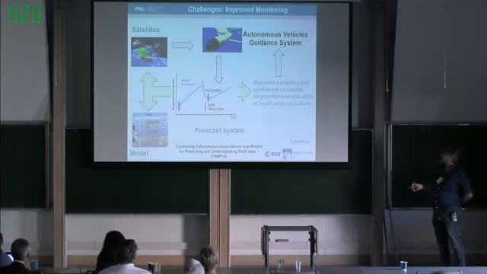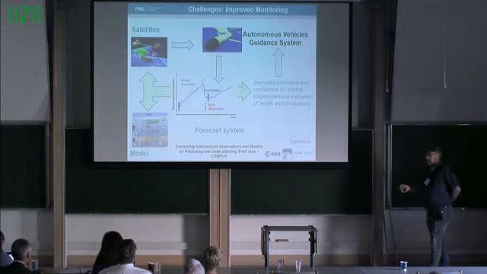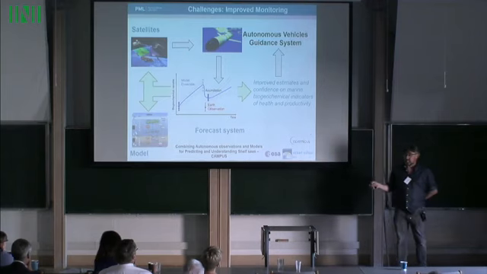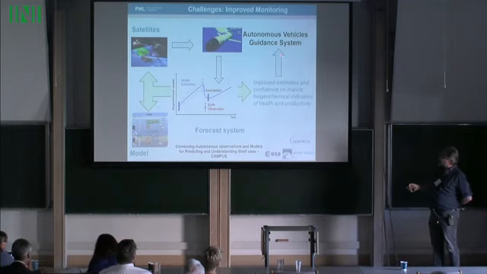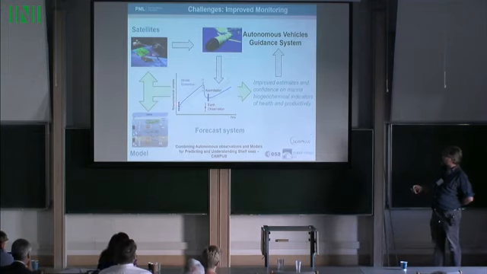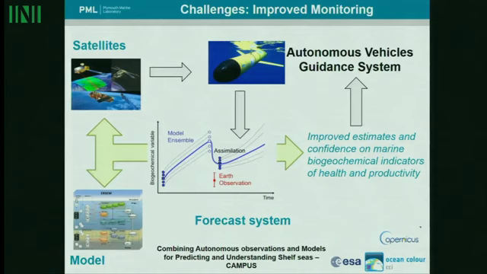There's a big move in the marine environment towards autonomous vehicles like these gliders, which in a terrestrial sense are like underwater drones, probably the simplest analogy. One of the things we're looking at is combining models, satellites and forecast systems to provide information to guide these systems, basically to make them self-driving, and feeding information back into the model forecast systems with a view to improving the confidence in biogeochemical indicators.